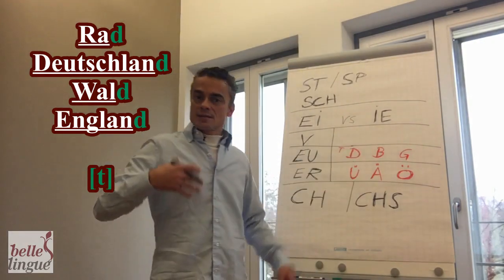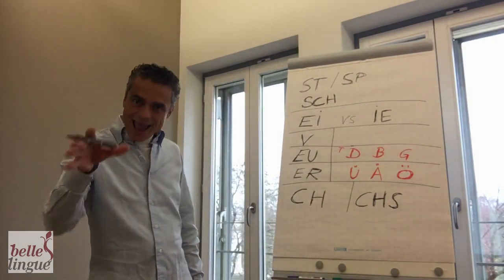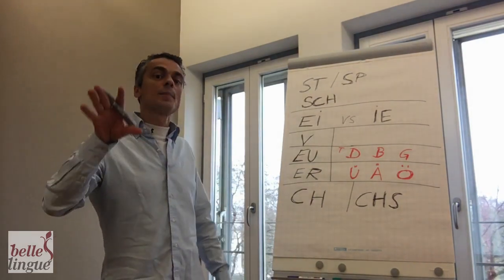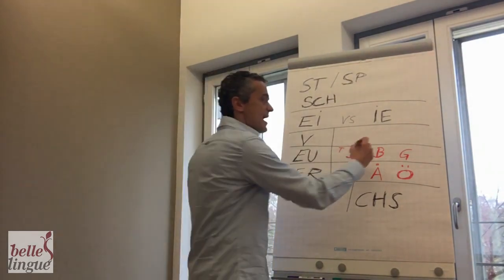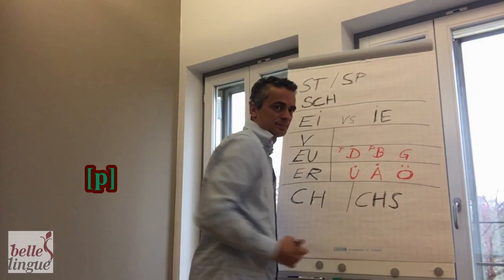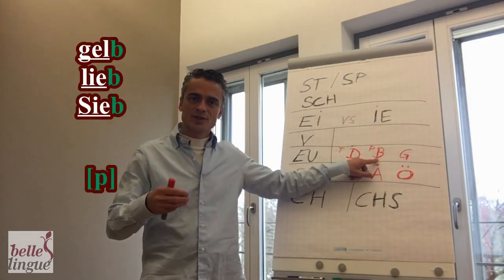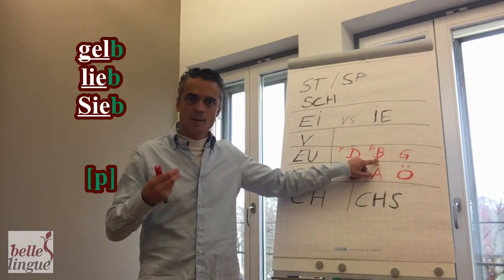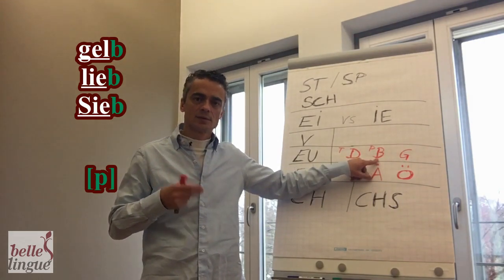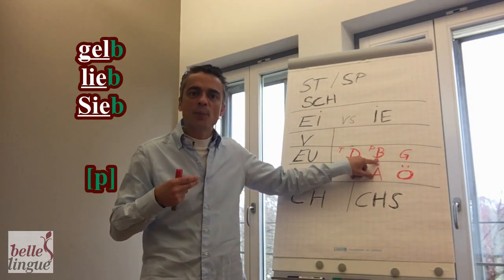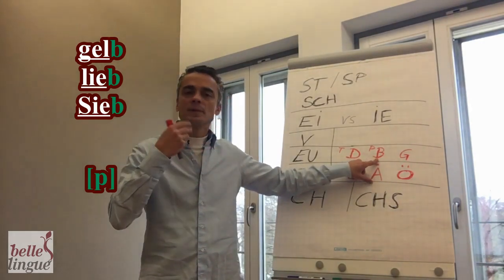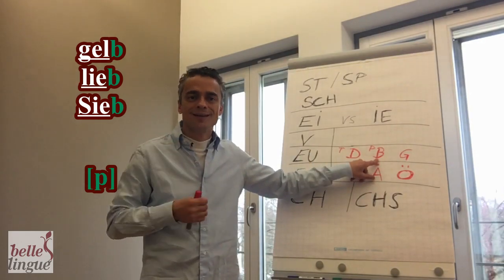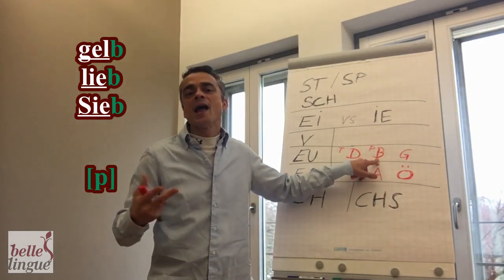The B, it's the same. I'm only talking about the end of the word. If you have it at the end of the word, it's like a P. Look at these words. Gelb. It's like the beatbox. Gelb. It's not gelb. This should be the Italian word. Gelb.